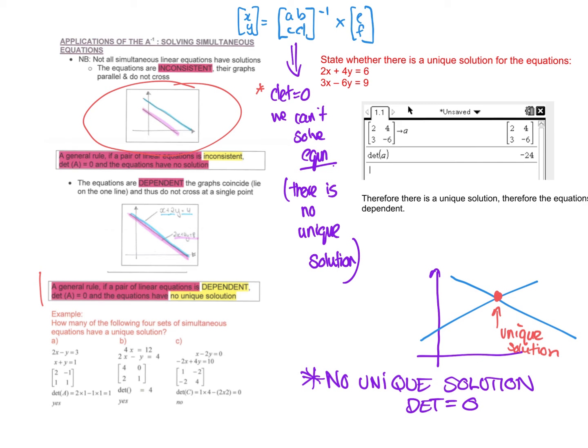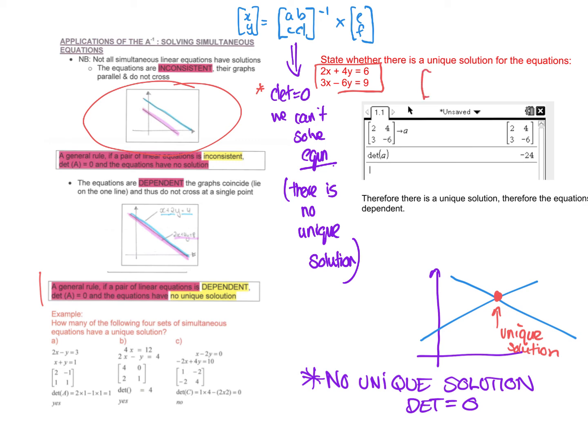So with this example up here, we had the simultaneous equations. When they worked out the det of this front matrix, it says state whether there is a unique solution for this equation. So you don't have to say what it is, you don't have to solve it, you just have to say, can it be solved?